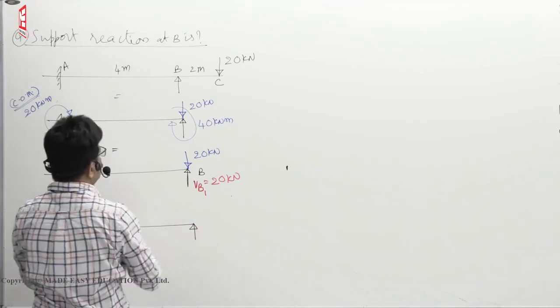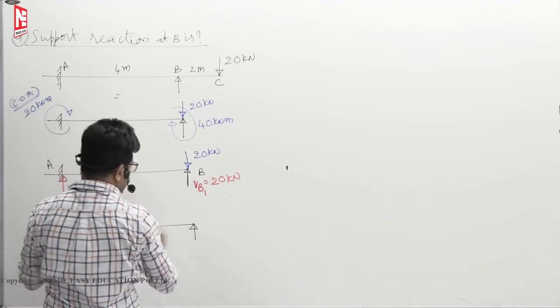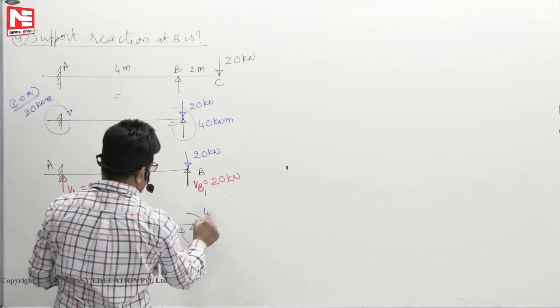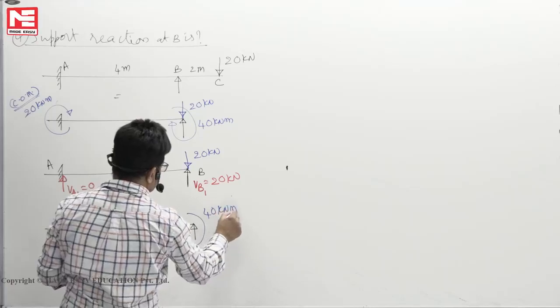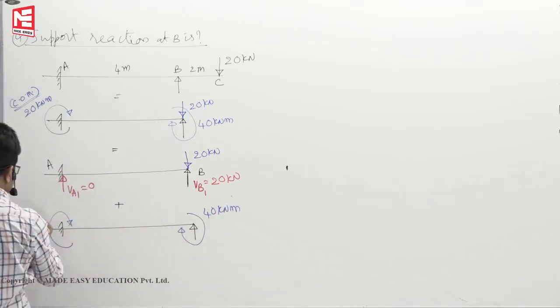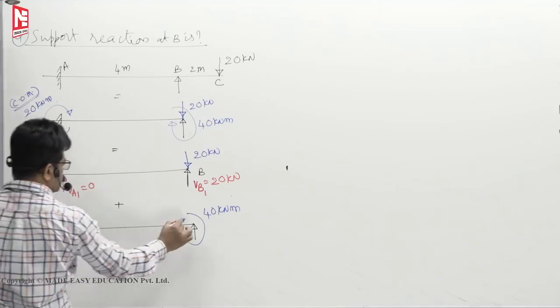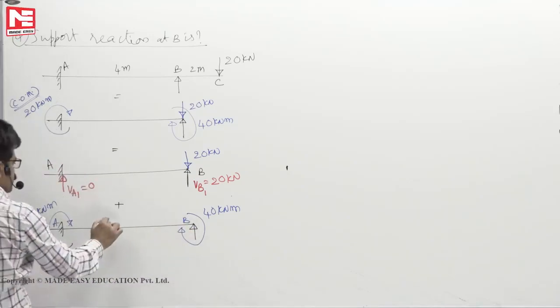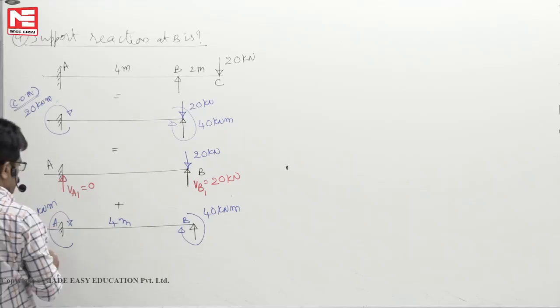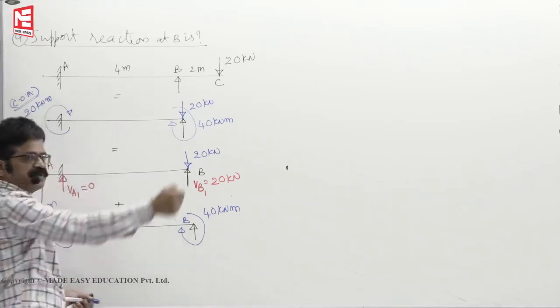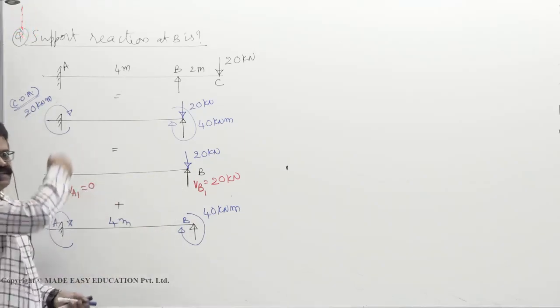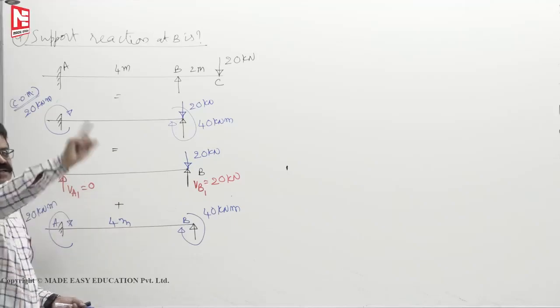now the moments 40 and 20, both you write. 40 here, 20 here. Now you see, this is 4 meters. Now what is the total moment? 40 plus 20, 60. 60 clockwise. To balance it, anti-clockwise.